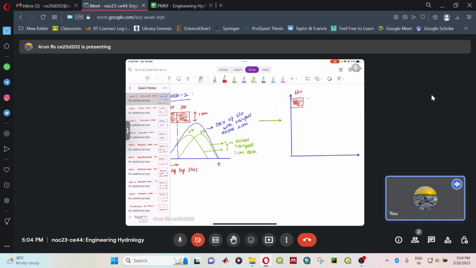So this is a 6-hour duration, and this magnitude is now 2 centimeters, and you have your DRH. So maybe term this as the 6-hour DRH.